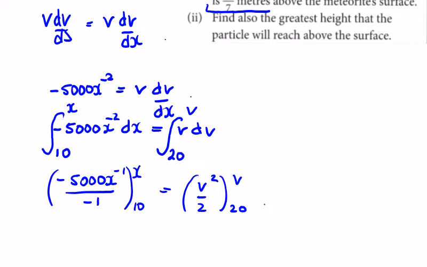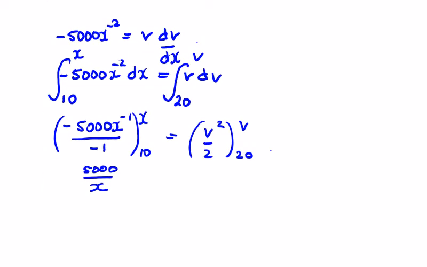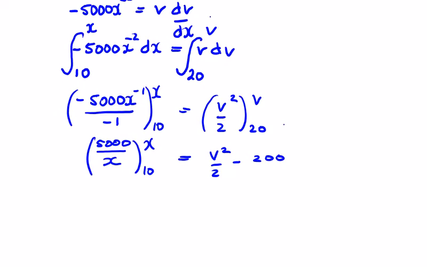So we need to get velocity in terms of distance, so let's simplify it down. We're going to get 5000 x to the minus 1, so 5000 over x between x and 10 is going to be equal to v squared over 2 minus 20 squared, 400 over 2, will be 200. So on this side we're going to get 5000 over x minus 5000 over 10 is 500 equals v squared over 2 minus 200.